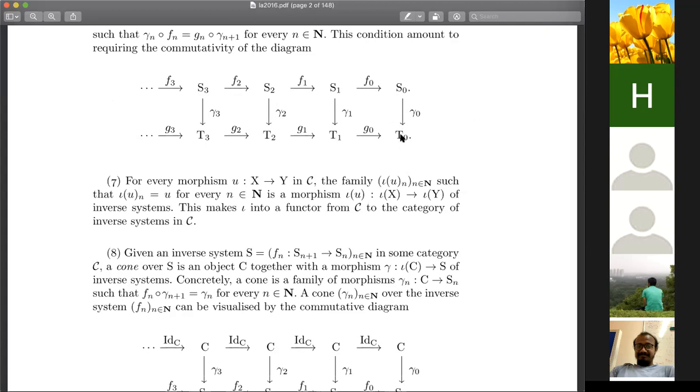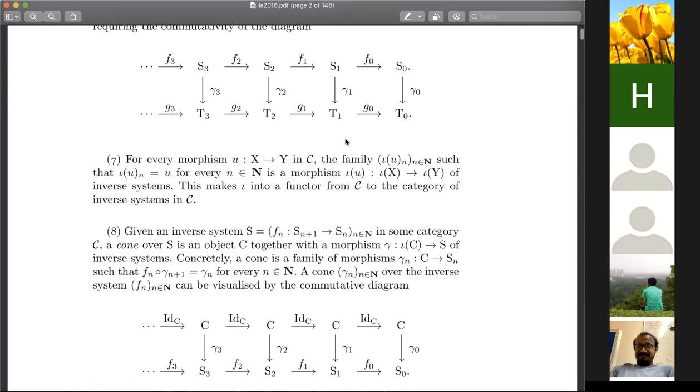And if I have a morphism delta from the T's to the U's, so there'll be delta naught here, delta 1, delta 2, and so on. Then when I take the composite from S0 to U0, from S1 to U1, from S2 to U2, and so on, this composite is also going to be a morphism of inverse systems from the inverse system S to the inverse system U, right?